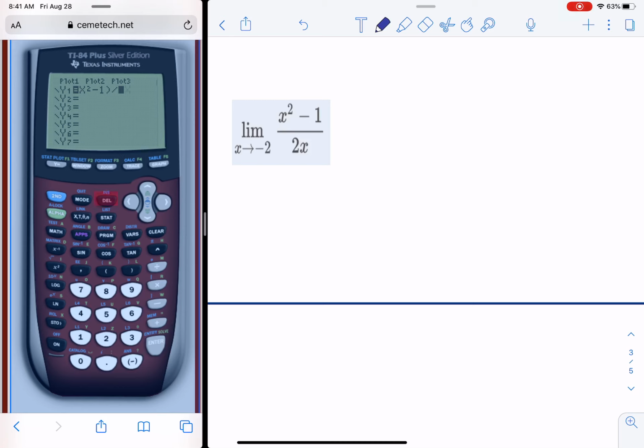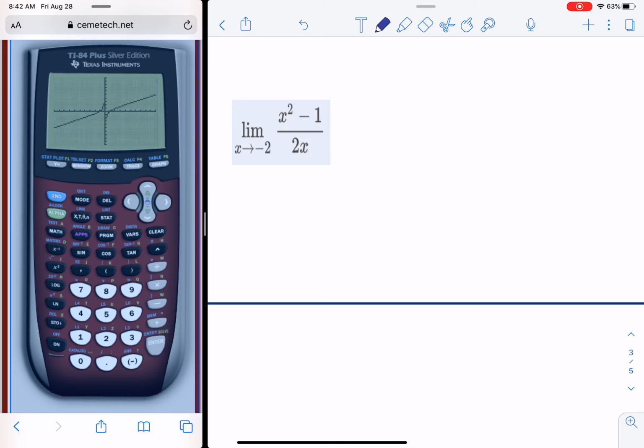It's always great to use parentheses when we have rational functions such as this one. Graph, whoops, where did I go wrong? Parentheses.